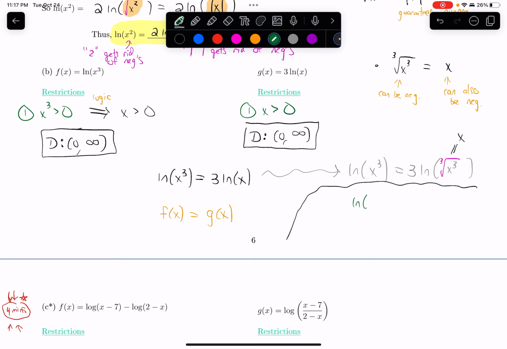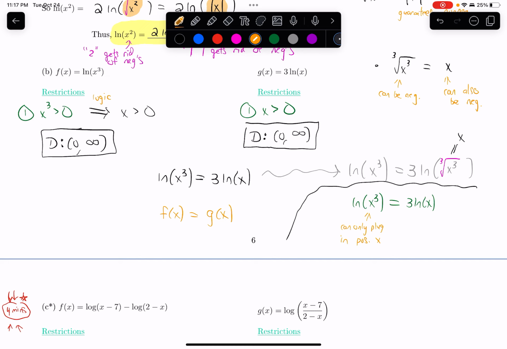If I have ln of x cubed, and then 3 ln of x, well, they are in fact equal, because if I have x cubed, I can't plug negative numbers in at all, because the odd power will keep them negative. So we can only plug in positive values for x.